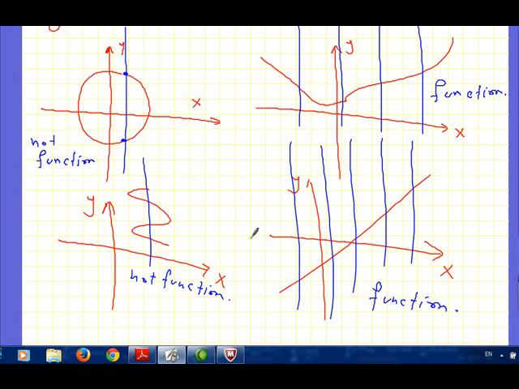Any arbitrary vertical line intersects with the graph in only one point, so this graph represents the graph of a function. This one is not a function because, as we see, the vertical line intersects with the graph in more than one point. This graph represents a function because of the vertical line test: any arbitrarily chosen vertical line intersects with the graph curve in only one point.